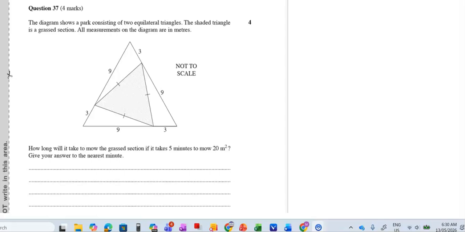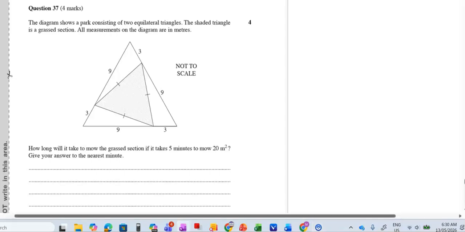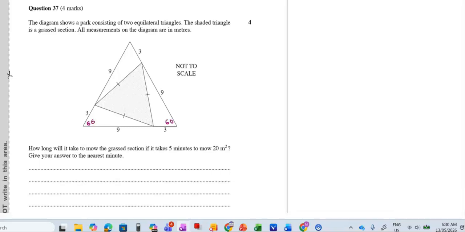Okay, so equilateral triangles means that everywhere I see an angle it's 60 degrees. That's 60, that's 60, and that's 60 in the bigger equilateral triangle, and that's 60, that's 60, and that's 60 in the smaller equilateral triangle.